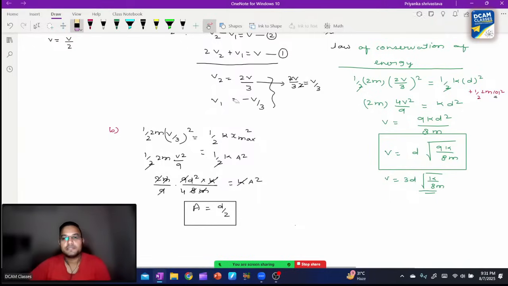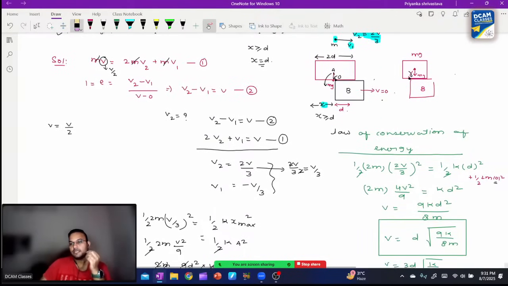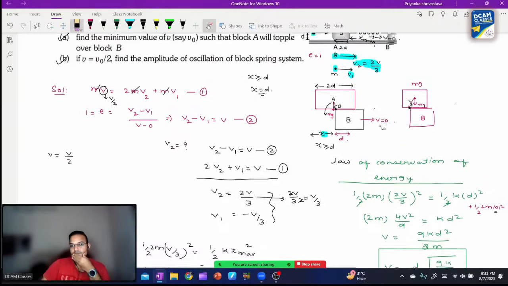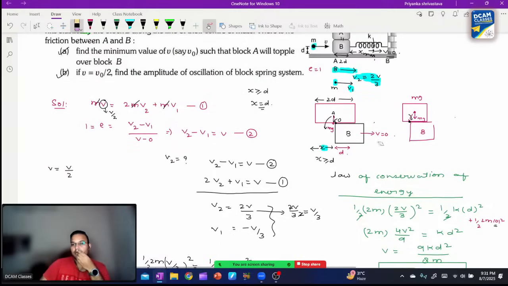Some information is missing actually in this question. They should have given more things. One more thing is specifying that the velocity at this point of toppling becomes 0, because it will not move ahead after this. It will come to a momentary stop.